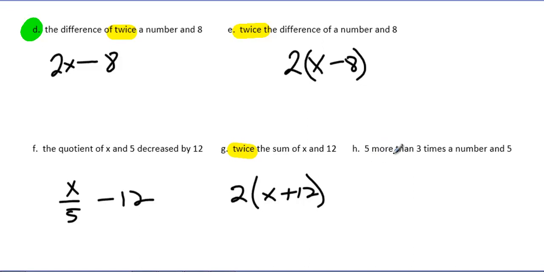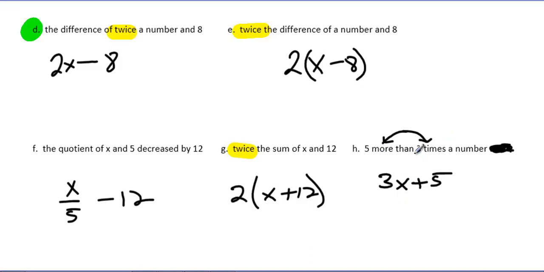So now I have 5 more than 3 times a number. This is actually a typo right here. I meant to take that out. 5 more than 3 times a number. The word than switches order. So technically what we should have is this. 3 times a number moves out to the front because the word than is going to tell me to switch these two pieces.